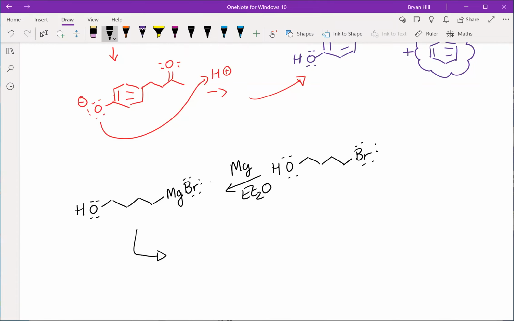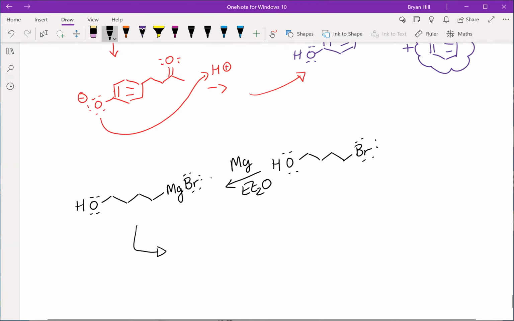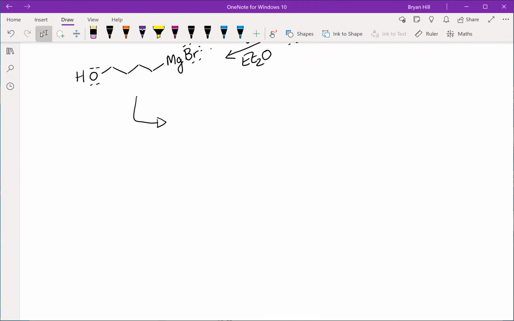So there is a way of circumventing this problem, and basically all second-year textbooks use this stage of the game to discuss what will be known as a protecting group.